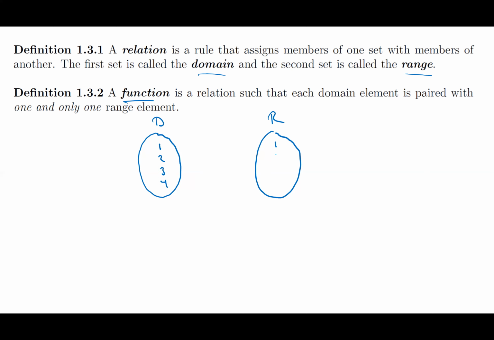Maybe I've got 1, 8, 9, 0. Maybe 1 gets sent to 8, 2 gets sent to 0, 3 gets sent to 1, and 4 gets sent to 9. Notice that there's no ambiguity between domain and range. Each of these domain elements is going to exactly one range element. This would be a function.